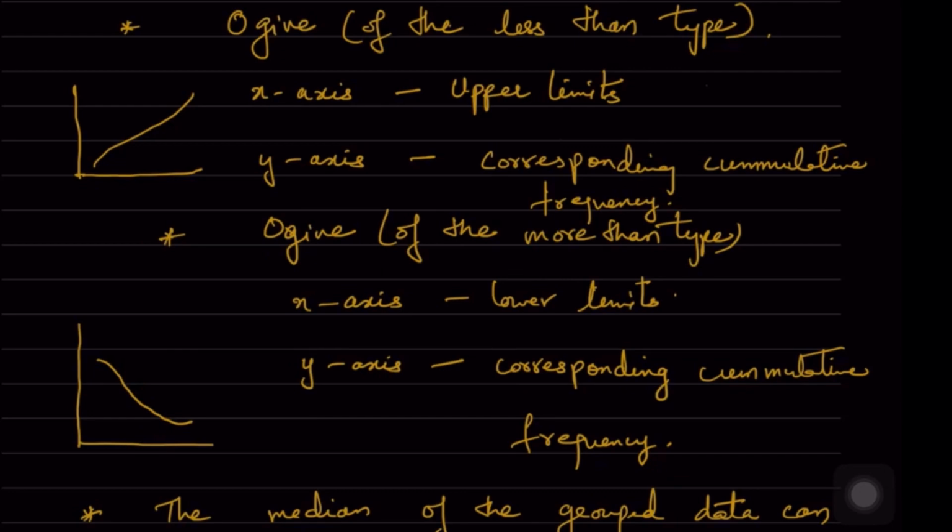If the first frequency is 2, 50 minus 2, 48 will be the next. If the second frequency is around 8, you subtract that from 48 and you get the next value. That will become the cumulative frequency. So here it comes from top to down. This is the graph for more than type and this is for less than type.